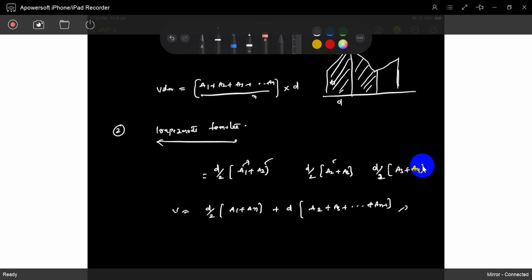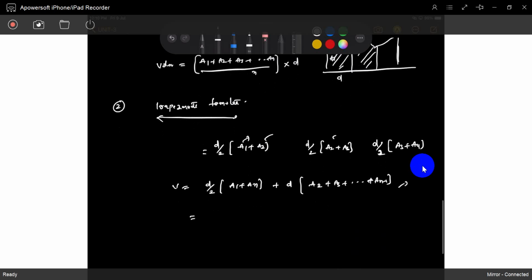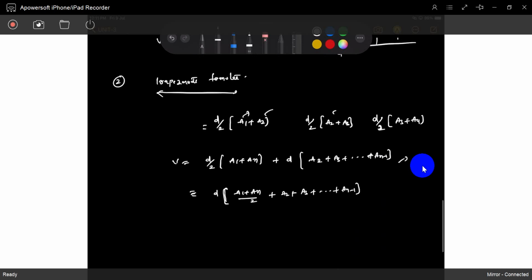So we write it like this: d times (A1 plus AN) by 2 plus A2, A3, up to A(N-1). That is the trapezoidal formula. Not a big deal.